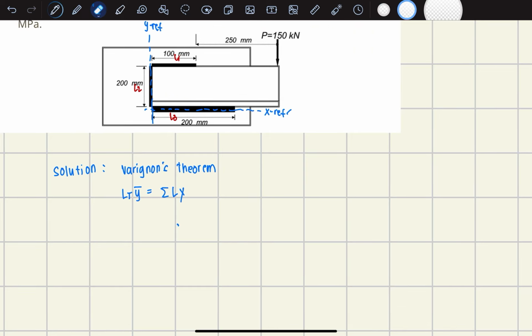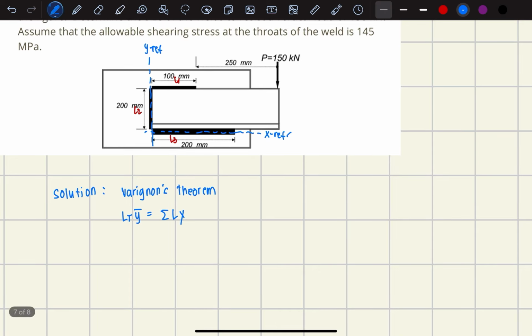Then, solve natin. So, yung total length class ng weld group is 500. So, 100 plus 200 plus 200. 500 times Y bar equals to summation L Y. Yung L1 natin is 100. Then, yung centroid niya, ito yung centroid ng L1, papunta dun sa X reference natin, so equals to 200.